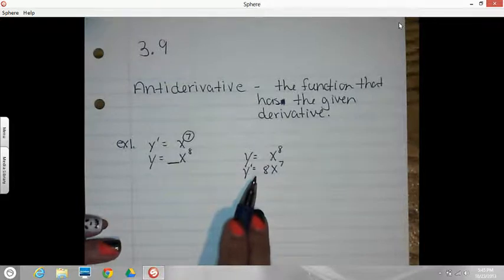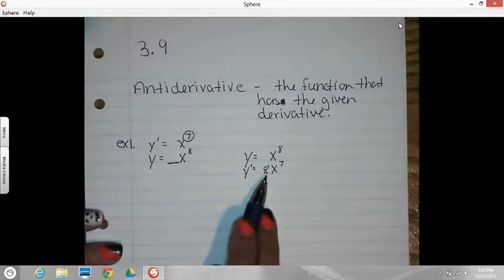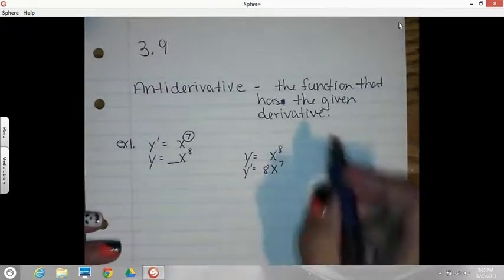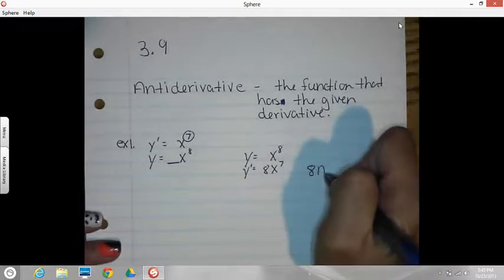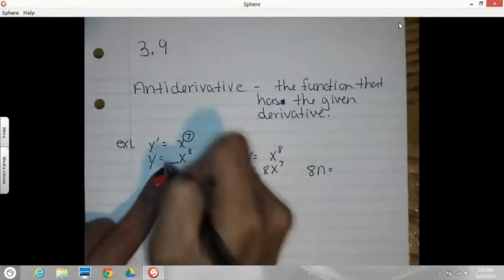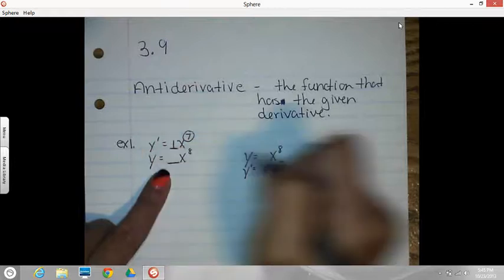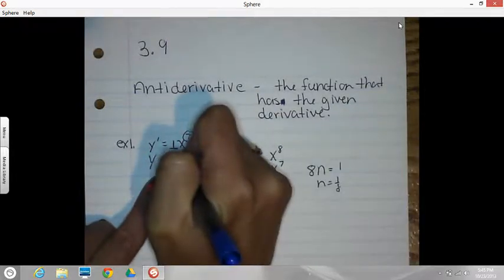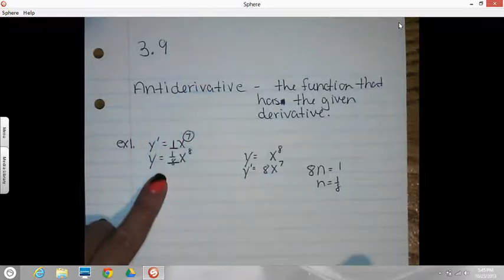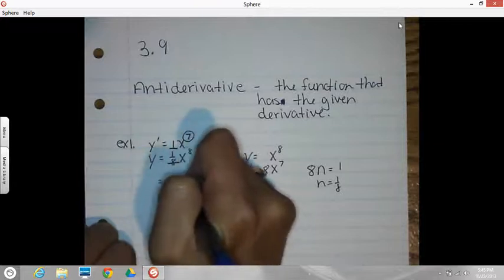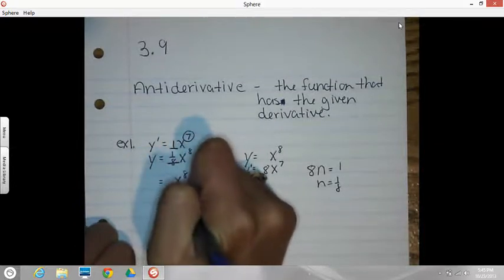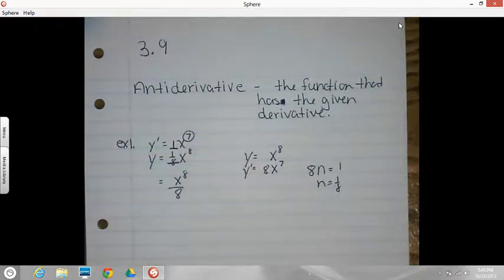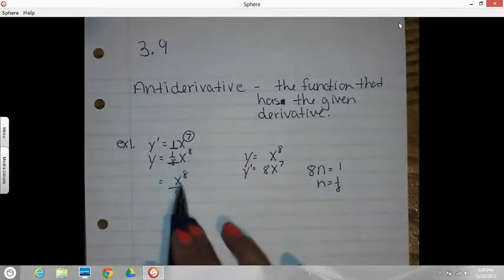Well, think about 8 times what number gives me 1. 8 times what number? I want to equal a 1 because there's a 1 out in front here. Well, it's going to be 1/8. So I should have a 1/8 out in front of my x to the 8th. Or I could call it x to the 8th all over 8. Either one. 1/8 x to the 8th or x to the 8th over 8.